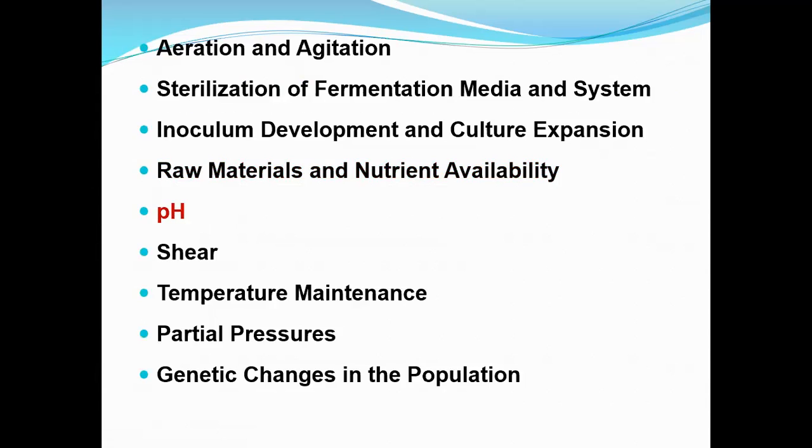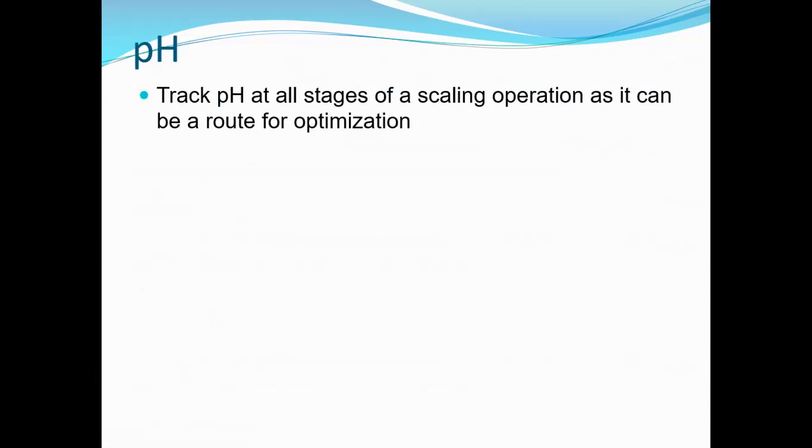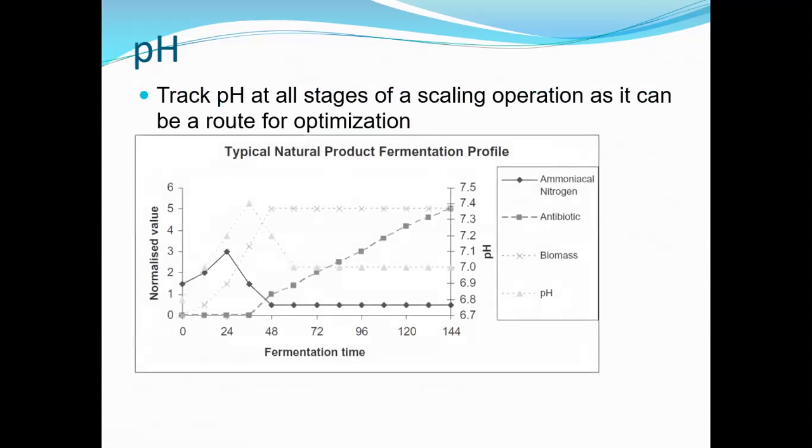Then coming towards the pH, yes, pH is very important. So pH needs to be tracked at all the scales of the fermentation because that is the key route for optimization. For example, this is a typical fermentation profile for the production of an antibiotic called chlortetracycline.